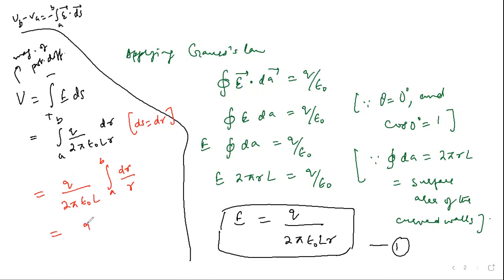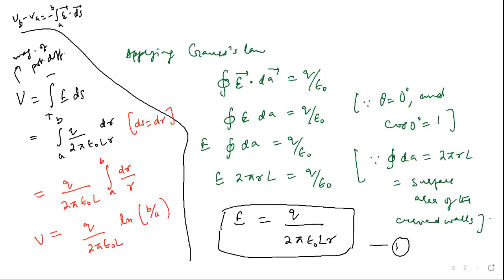I write it directly: q by 2 pi epsilon naught L ln of b by a when you solve this integral. So V is q by 2 pi epsilon naught L natural logarithm of b by a.